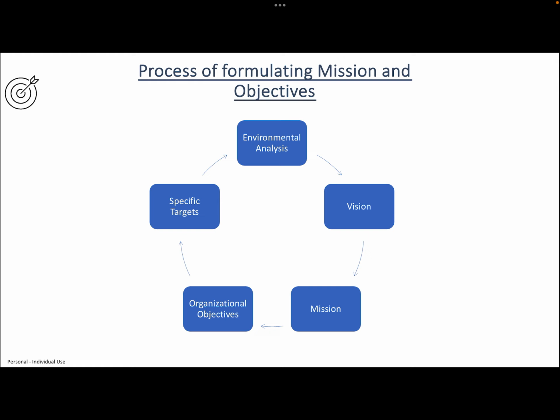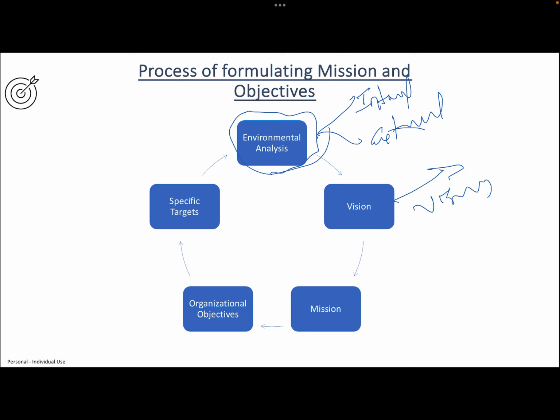So how do we formulate mission and objectives? It is very important. The same steps, don't get confused. First, we will do the environment analysis. What are the environments? Internal and external. After doing that, the next step is to set a vision. Then we will set up a mission.